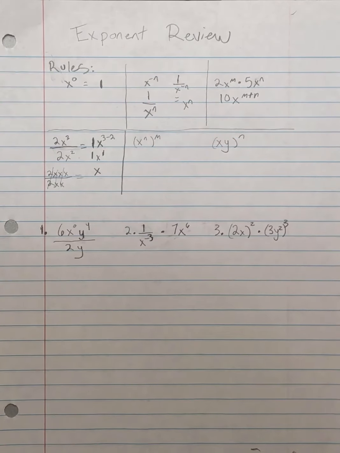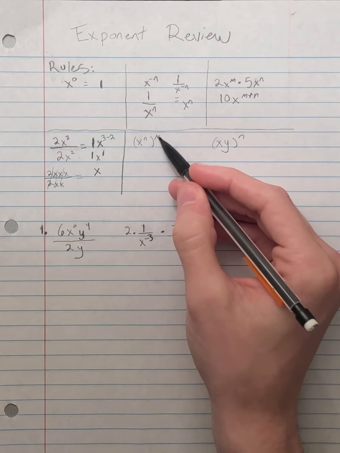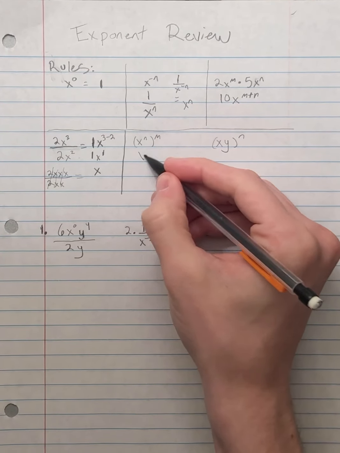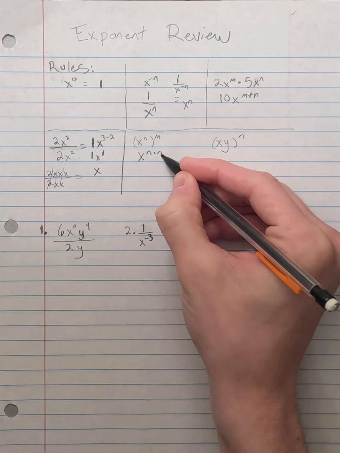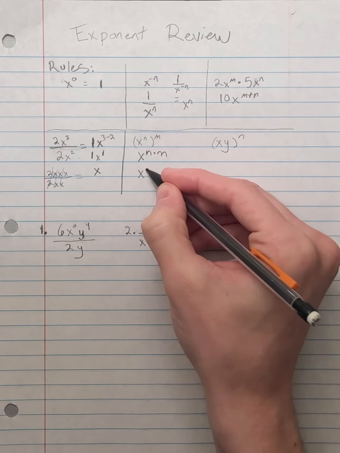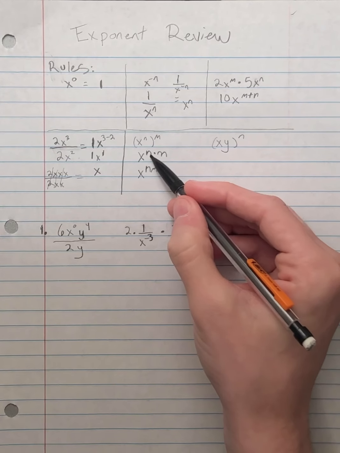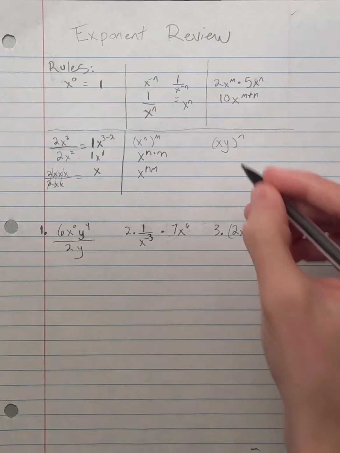Another rule we learned about, I like to call this power for power, but basically when you have an exponent being raised to another exponent, or you have an exponent on the outside of the parentheses, I'm going to multiply those two. So I have x to the n times m power, or you can just write it as x to the nm, and if I had had like 2 and 3 here, that would be x to the 6th power.